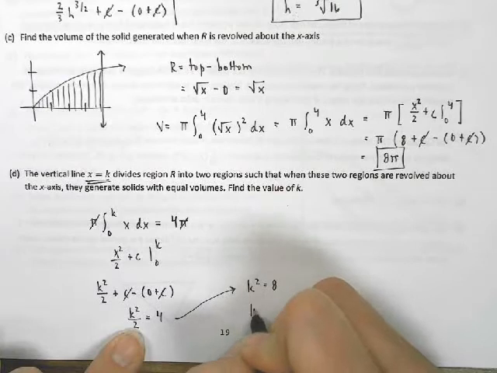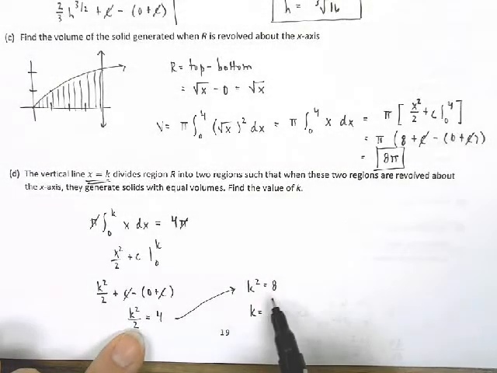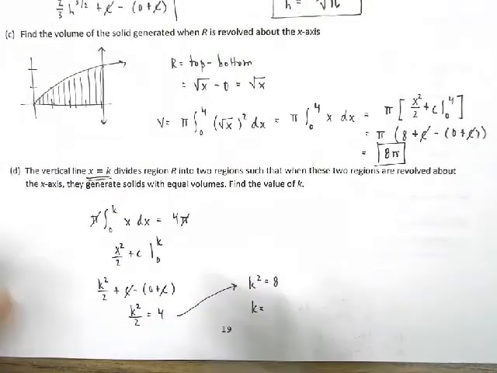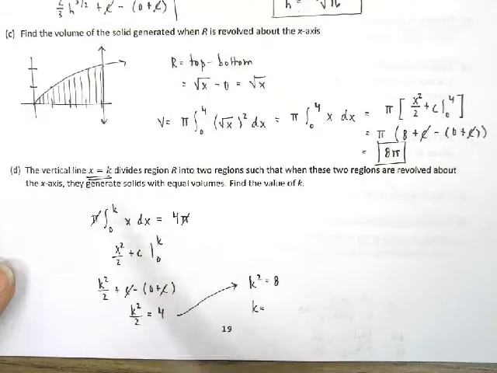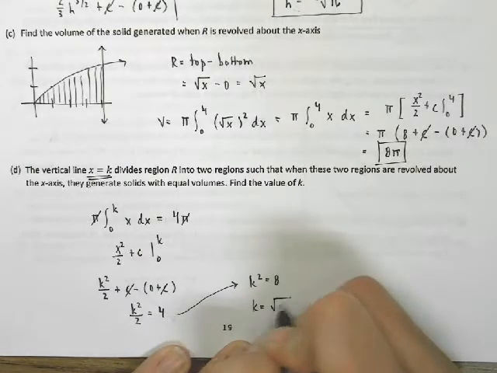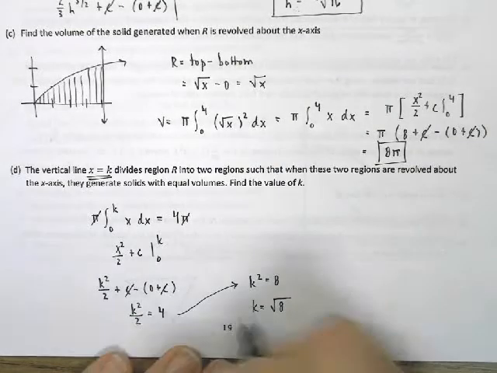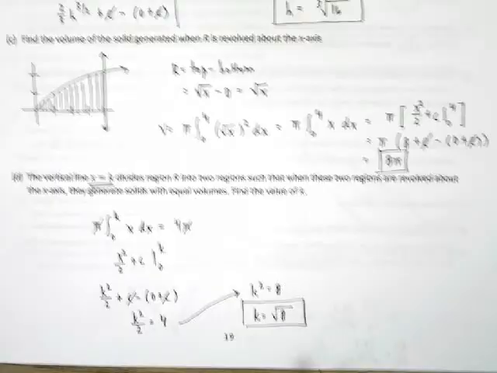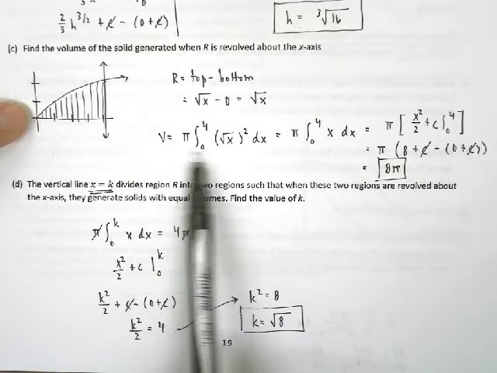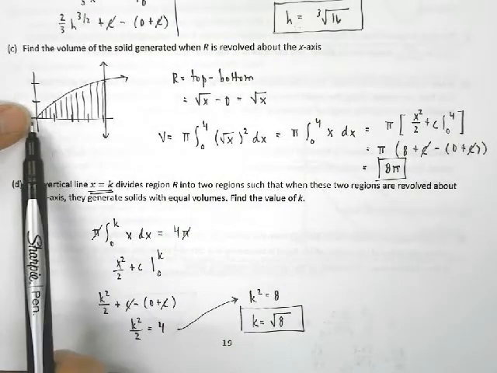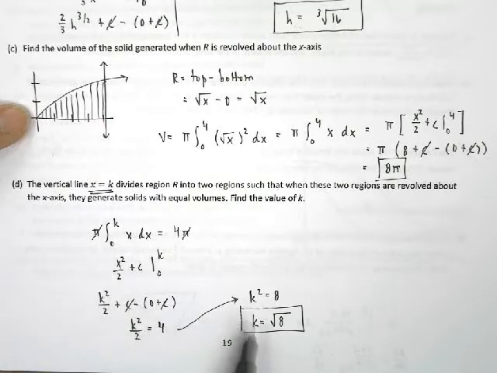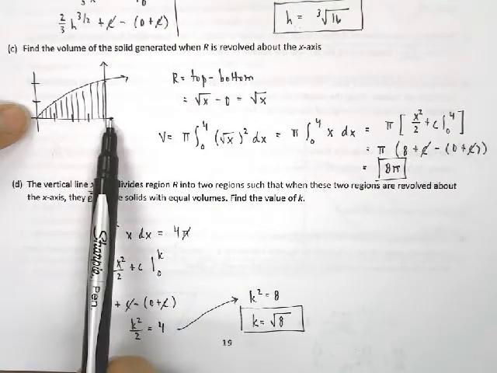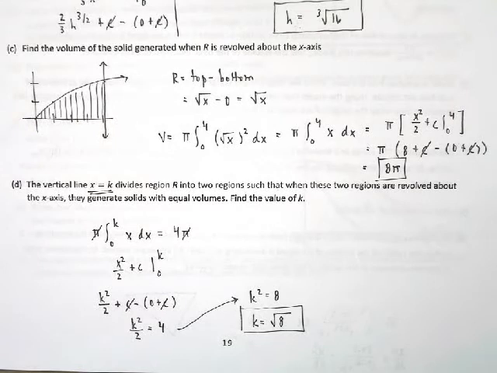And so then I know k is equal to, now technically it's positive or negative root 8, but since I'm in the first quadrant here, I know that has to be a positive square root of 8. So what that says is if I used this kind of formula here, integrated from 0 to root 8, and then I did another integral from root 8 to 4, I should get the same volumes.